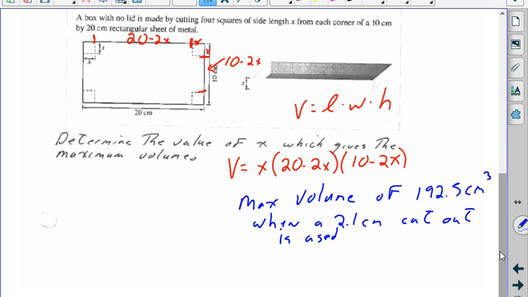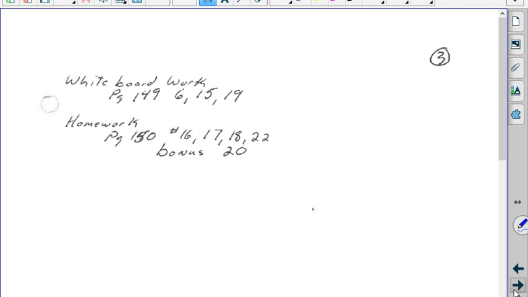So generally what you had here is you had to be able to get that question and then use the graphing calculator to solve that question.